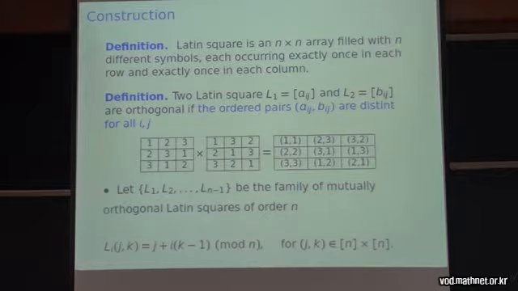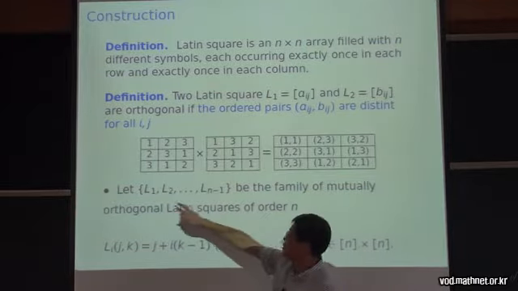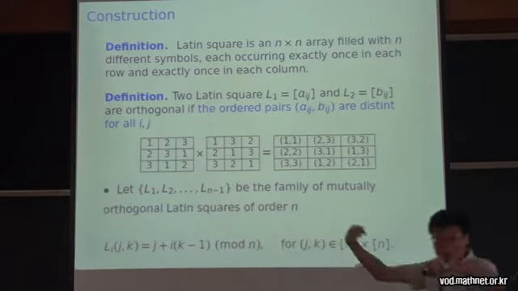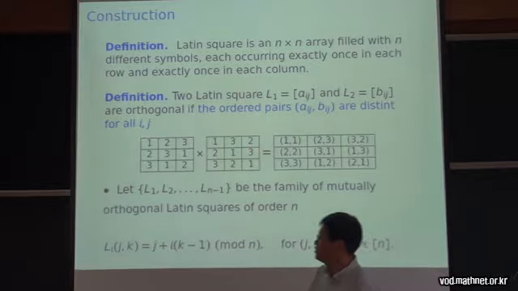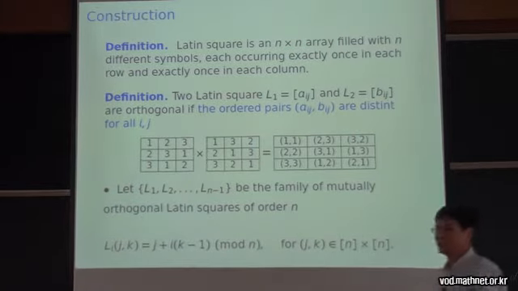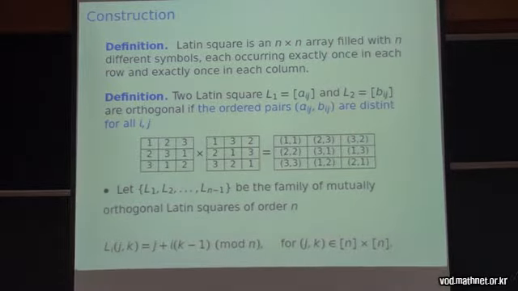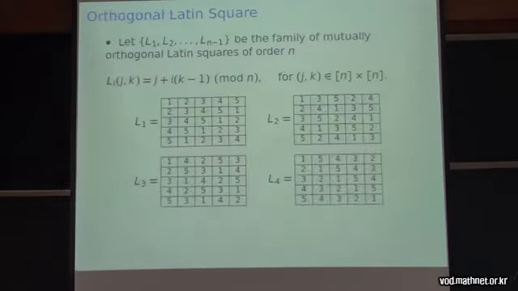If n is a prime number, then we know there are n minus 1 orthogonal Latin squares. There are several types of orthogonal Latin squares, and in our construction we use this Latin square. I'm going to skip the details. If n is 5, then we have 4 Latin squares that are orthogonal to each other.